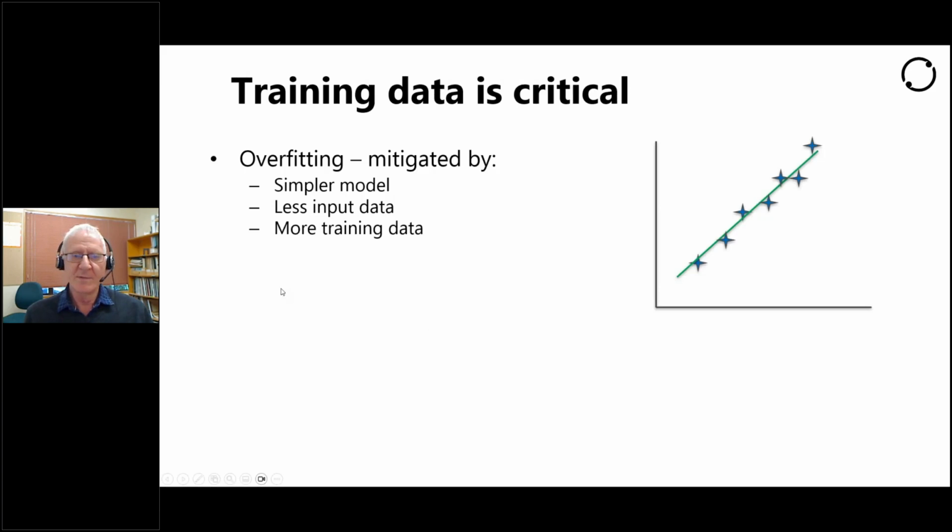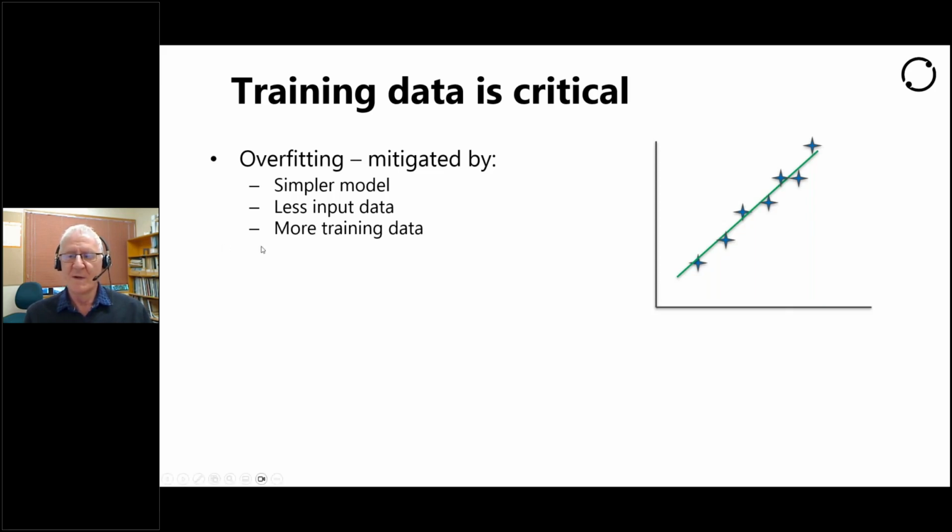So a couple of pitfalls I want to cover. As I've said, the training is critical in data-driven models, and one of the pitfalls is overfitting. So for instance, let's say we're trying to train a linear model. There's an underlying linear model that we want to train, and so we put a straight line through a number of data points, and you can see the data points will not be exactly on that line because there'll be noise inherently in that data.